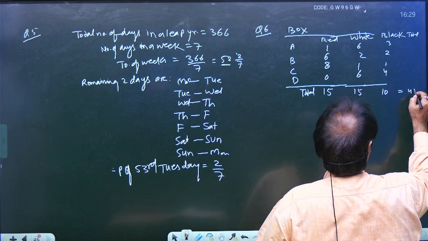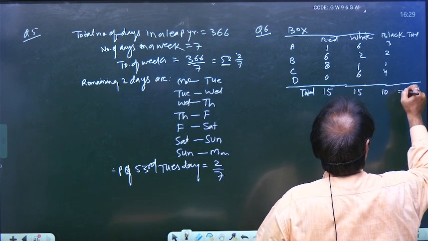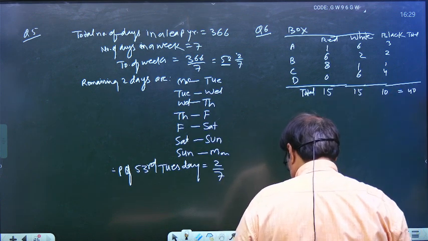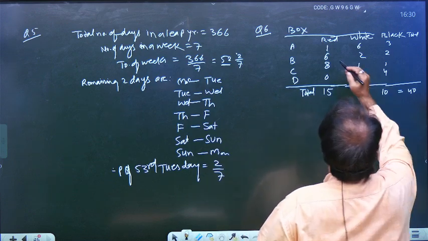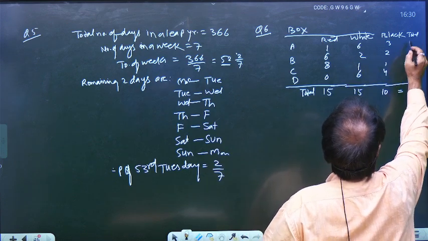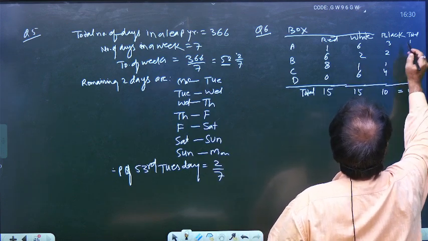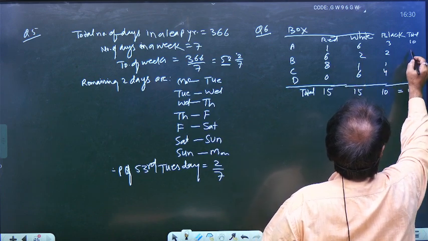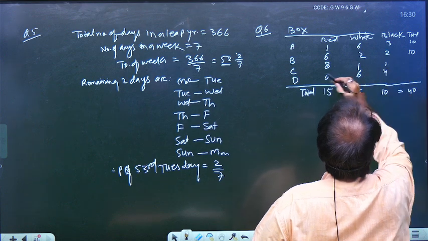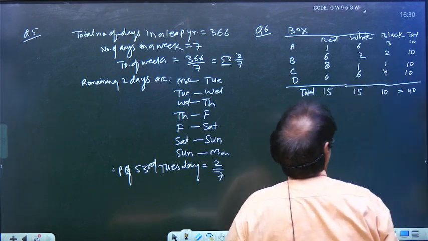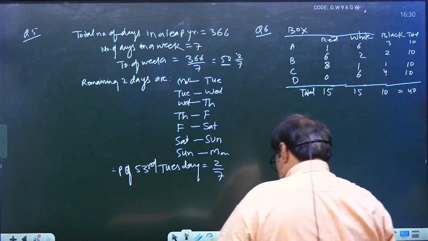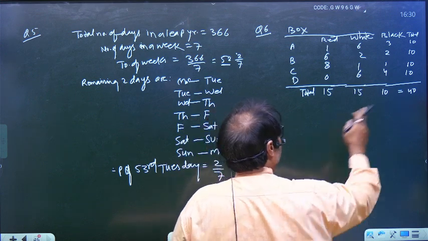So 15, 15, 30 and 40. In box A it is 10, box B it is 10, this is also 10 and this is also 10, and the total is 40. So the total number of marbles is 40.